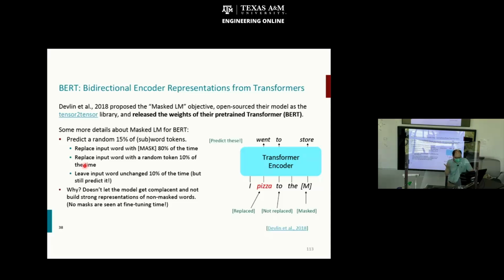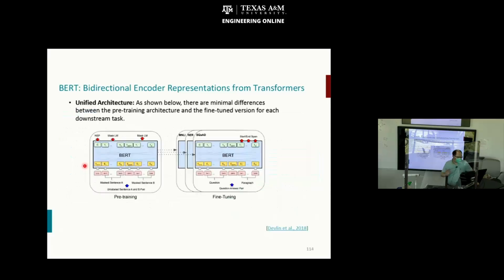So this token is specially introduced only for the pre-training stage. This is another instantiation of the idea of constructing your pre-training data and task in a way that conforms to your model architecture, or the fine-tuning tasks as well.